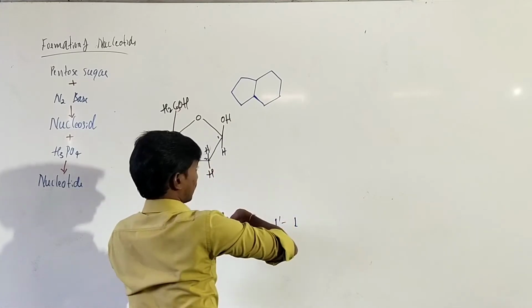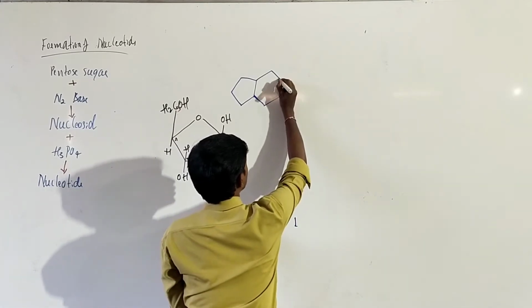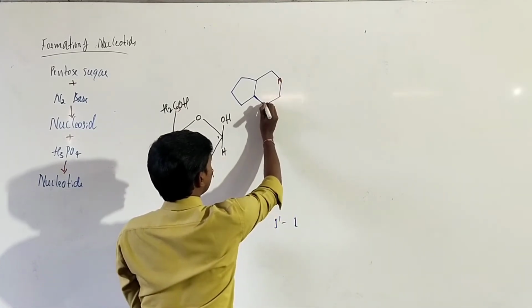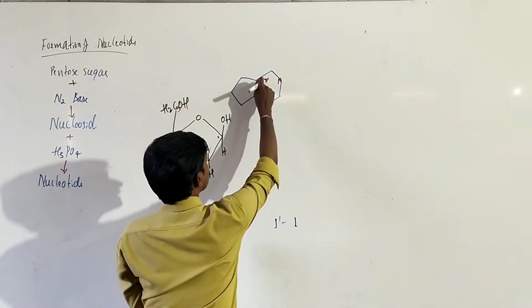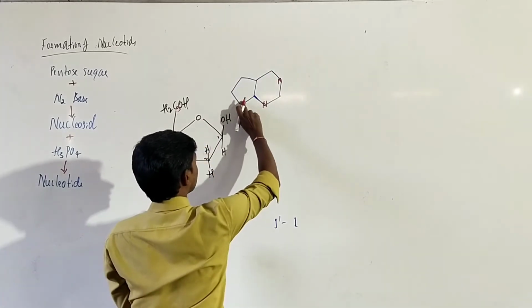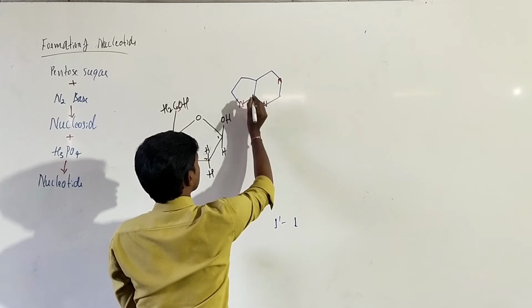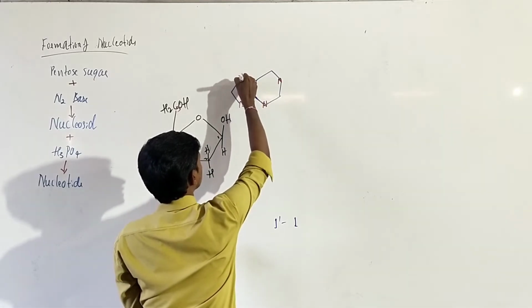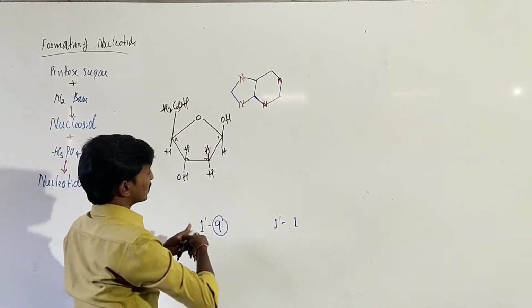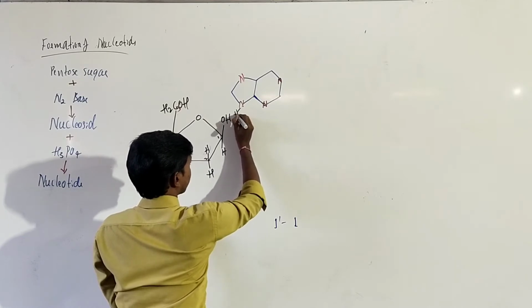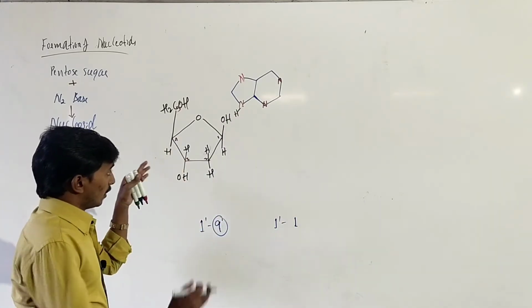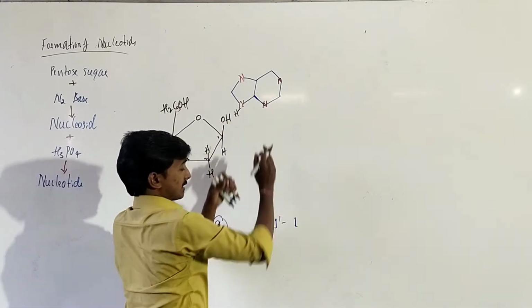So we have a nitrogen at first position, 1 2 3 4 5 6 7 8 9. So we have a nitrogen here, and for this nitrogen there is always an H. Pentose sugar, nitrogen base.